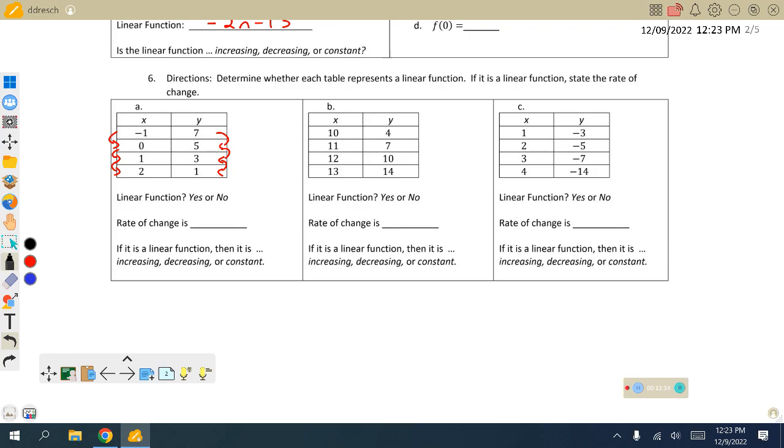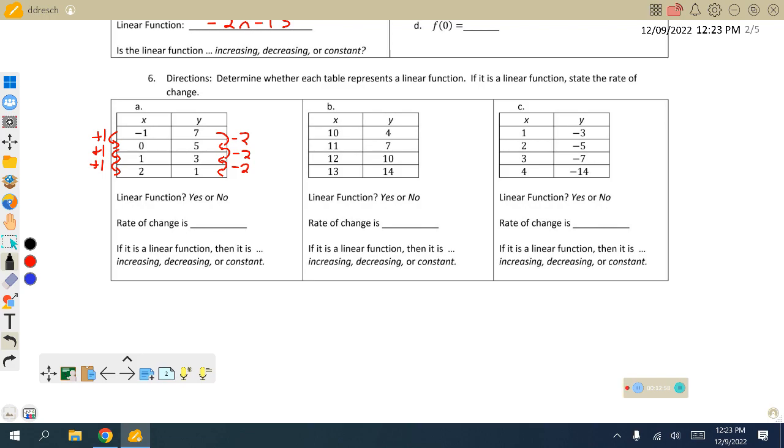So Victor is saying here, the x's are going up by 1, and I keep seeing by 1. I see those 3 changes of 1, cool. And then on the other side, the y's, he's saying it's going down by 2, down by 2, down by 2. So Victor, what will we select?